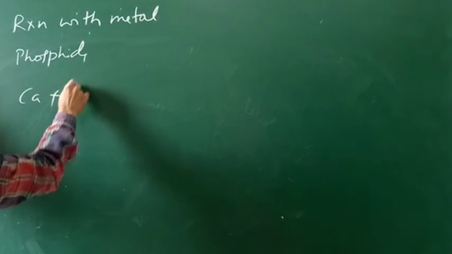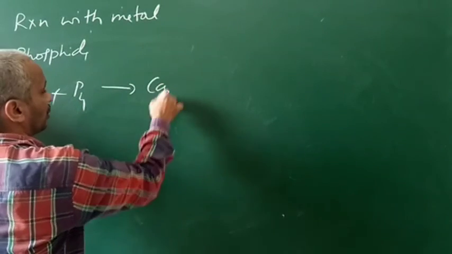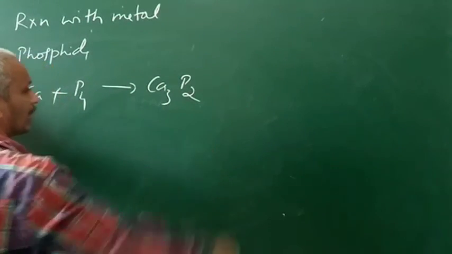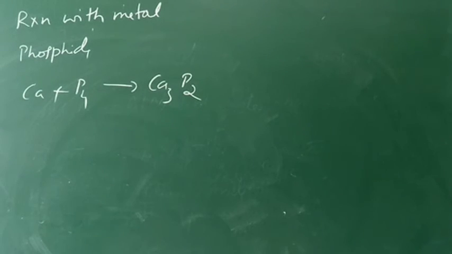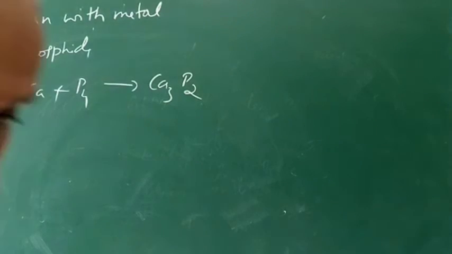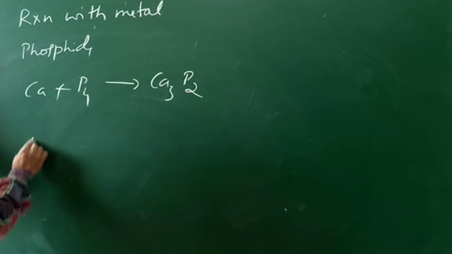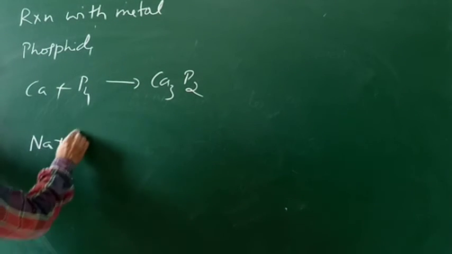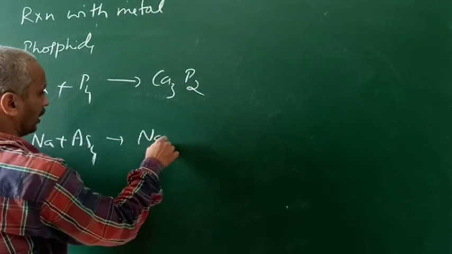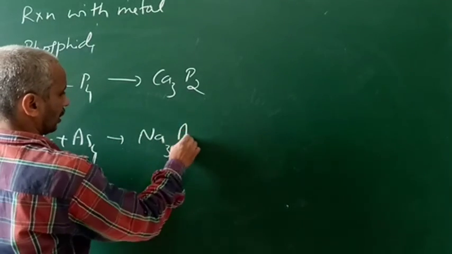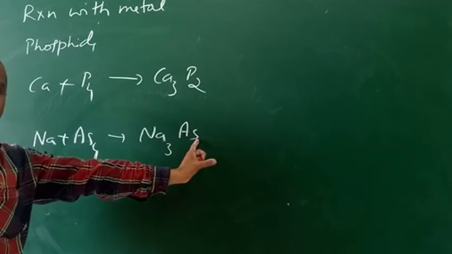Phosphide: Ca plus P4, what am I going to get? Ca3P2, calcium phosphide. Na plus As4 gives Na3As, sodium arsenide.